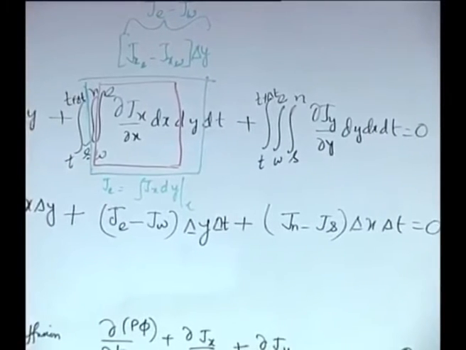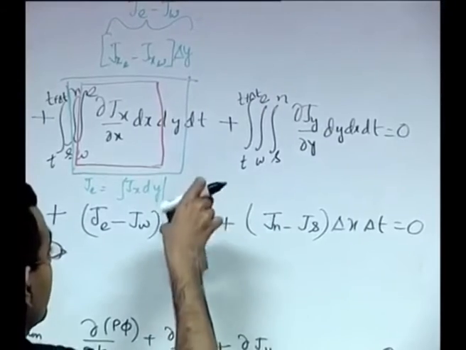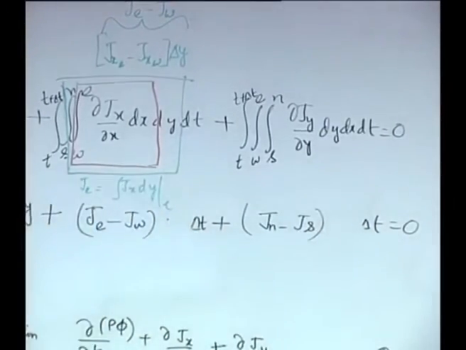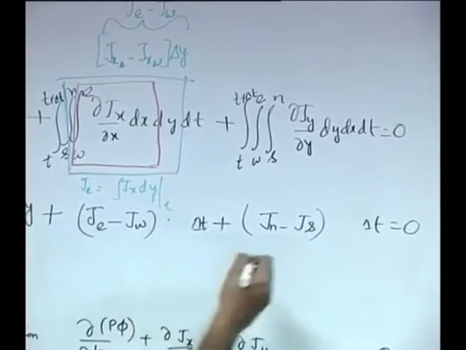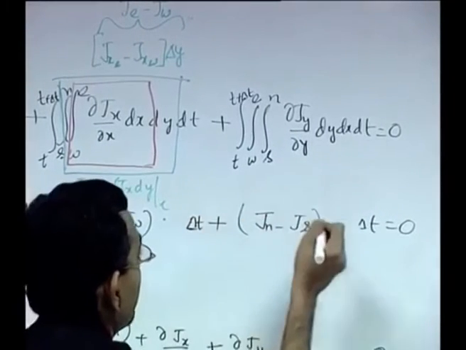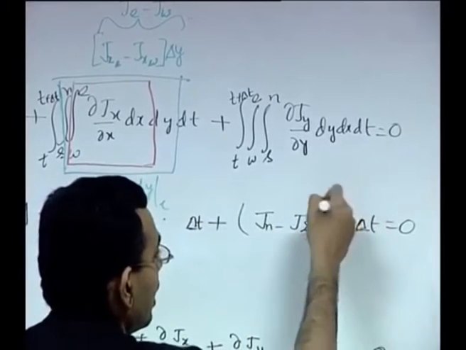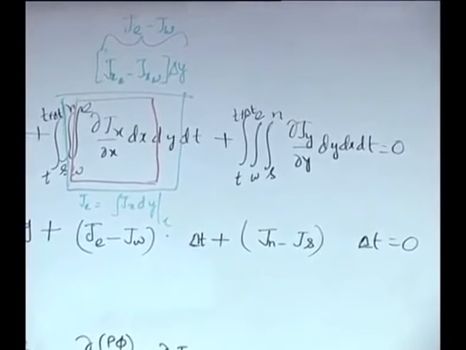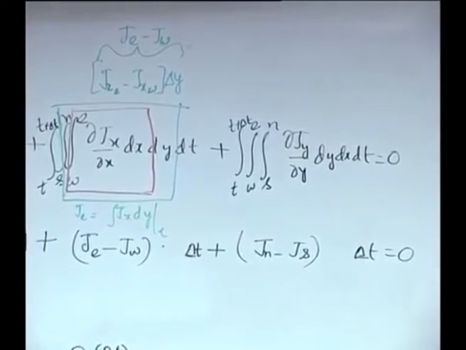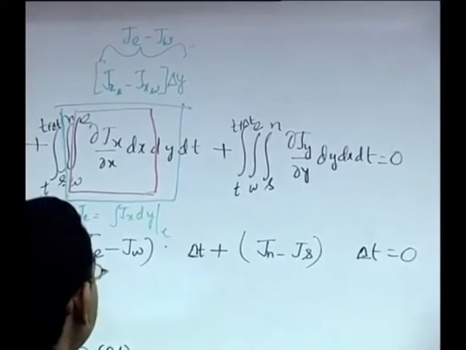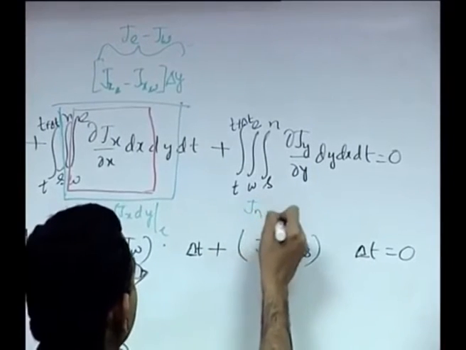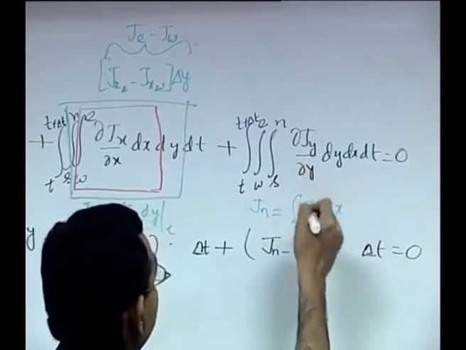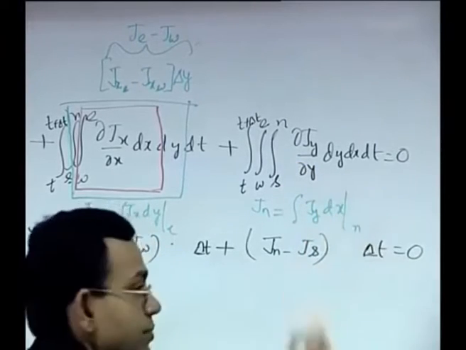Oh, delta y and delta x are already considered. Okay, very good. So, delta x delta y are already considered in the definitions of J, therefore, you do not have again a repeated consideration of delta x and delta y. So, likewise like Je, Jn, how is it defined? Integral of Jy dx at the face n.